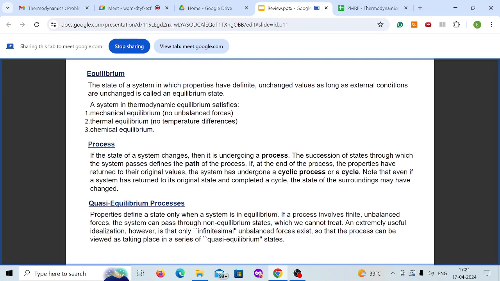We have a very small unbalanced force, an infinitesimal change, and you take the process to occur. That is called a quasi-equilibrium state or process, to avoid the non-equilibrium states from occurring.